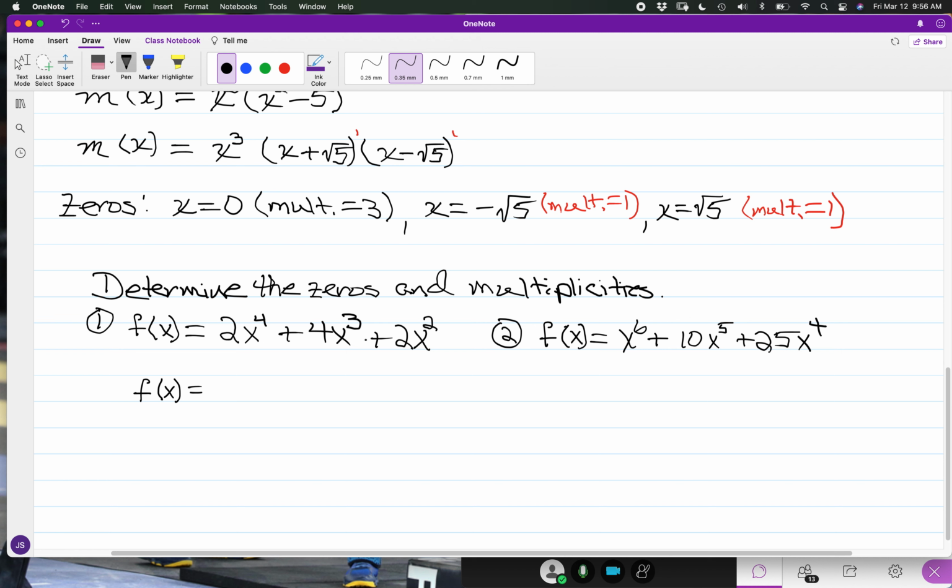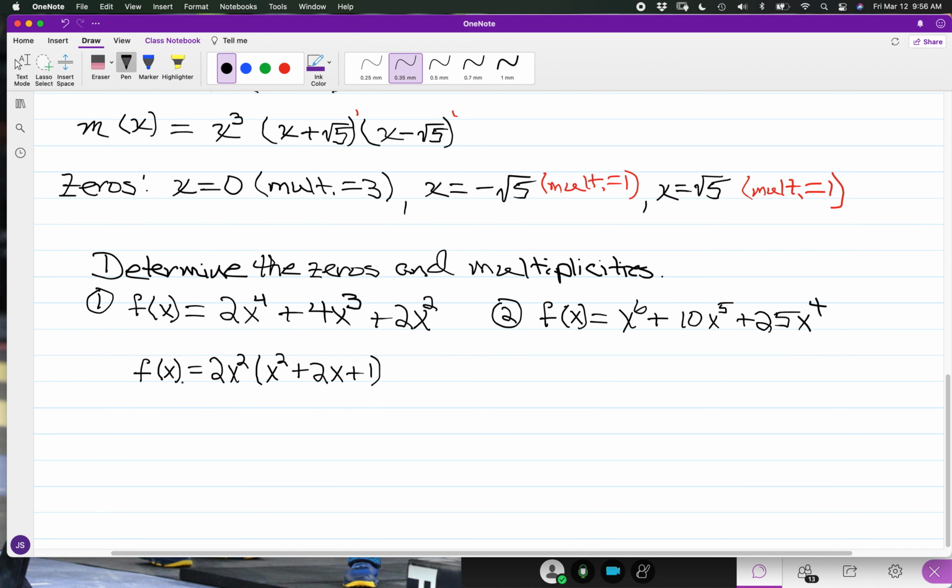The last of these terms turns out to be the greatest common factor, so we have 2x squared, and factoring it out of 2x to the fourth plus 4x cubed plus 2x squared, I'm going to have x squared plus 2x plus 1. And we have here a square trinomial.